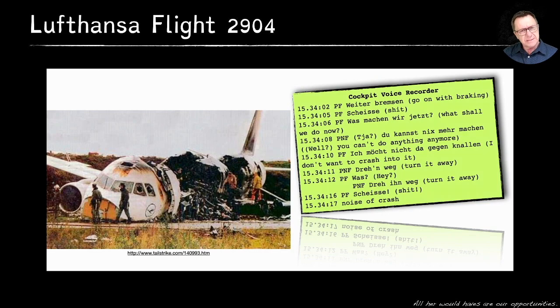I think this may have been mentioned previously, but Lufthansa Flight 2904, a classic software disaster. Now, I recommend you go out and have a read about this, particularly in the light of if statements, because this is a great example of when things go wrong.